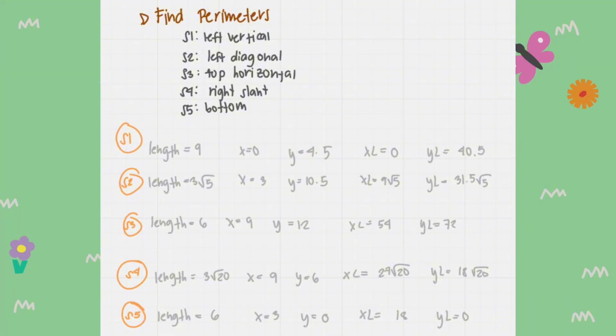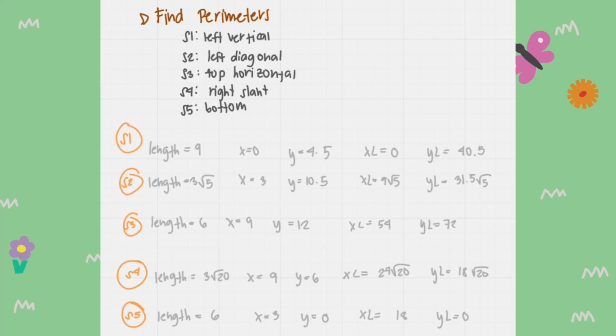For our second perimeter, which is the left diagonal, length is 3 square root of 5, x is equal to 3, y is equal to 10.5, and x times L is equal to 9 square root 5, and y times L is equal to 31.5 square root of 5. For perimeter 3, which is the top horizontal, length is equal to 6, x is equal to 9, and y is equal to 12. So x times length is equal to 54, and y times length is equal to 72.